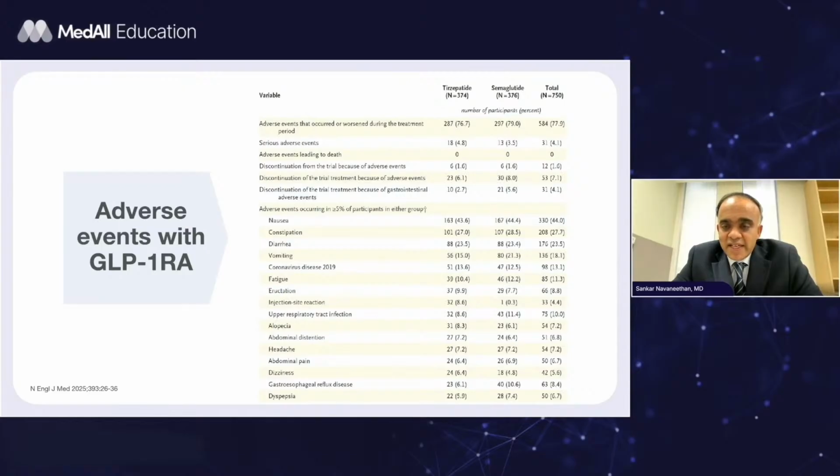You could see nausea happening in about two-thirds of the population, constipation happening in about 25 to 30%, diarrhea happening in an equal proportion with other side effects. And these side effects that have been seen in the general population are fairly comparable to what was actually seen in the FLOW-CKD trial, suggesting that the adverse event profile is comparable, at least in the patients with CKD.